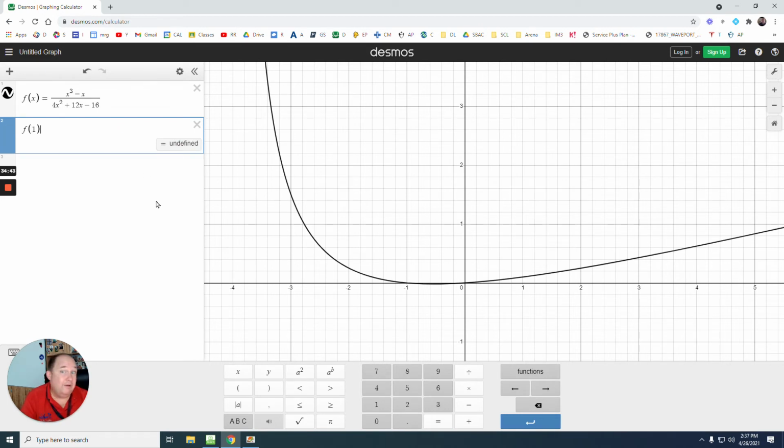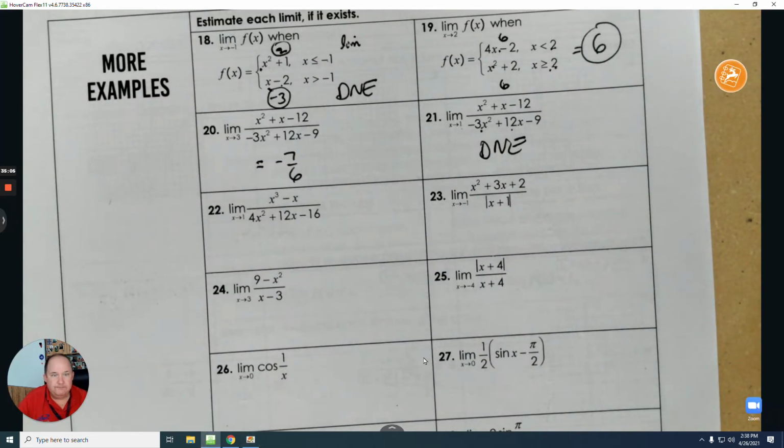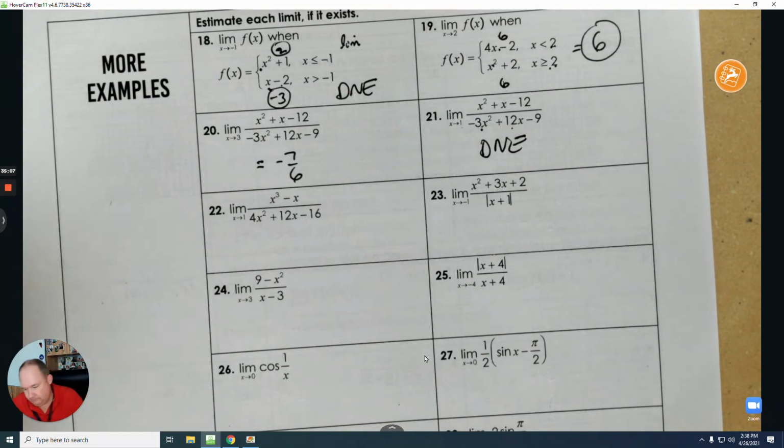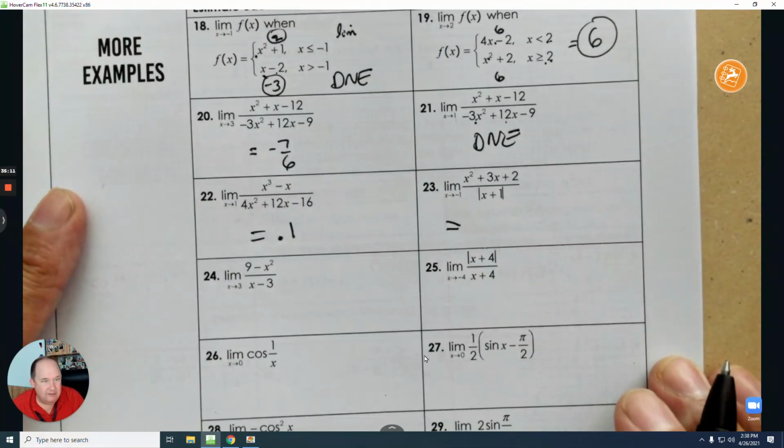If I just said what's f at 1, the answer would be undefined. But if I use the graph and understand it, at 1, the answer is 0.1 if you round it, right there. Long way to get there, right?